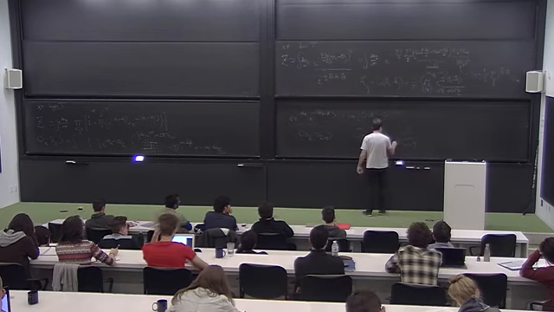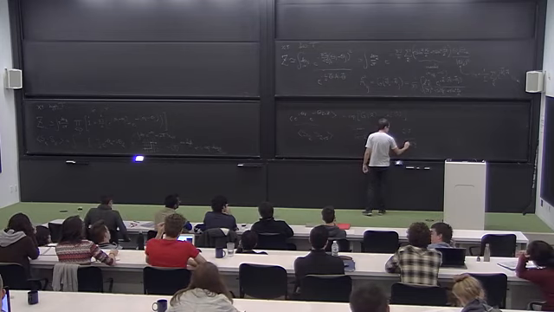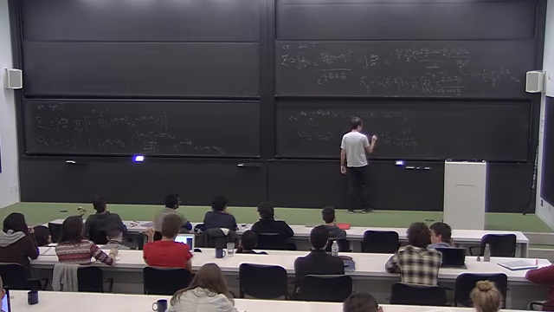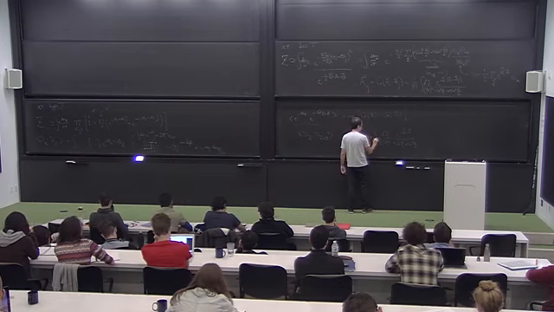Right. So here there is a 4. Here there is a 4. And there is a 1 over beta j here.